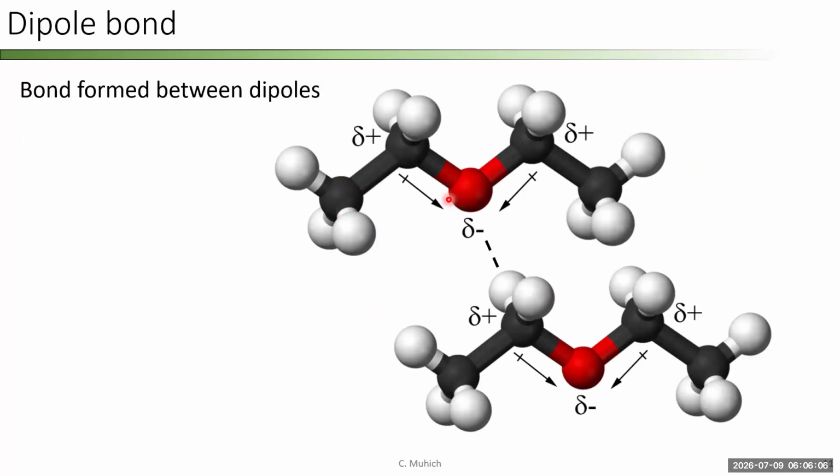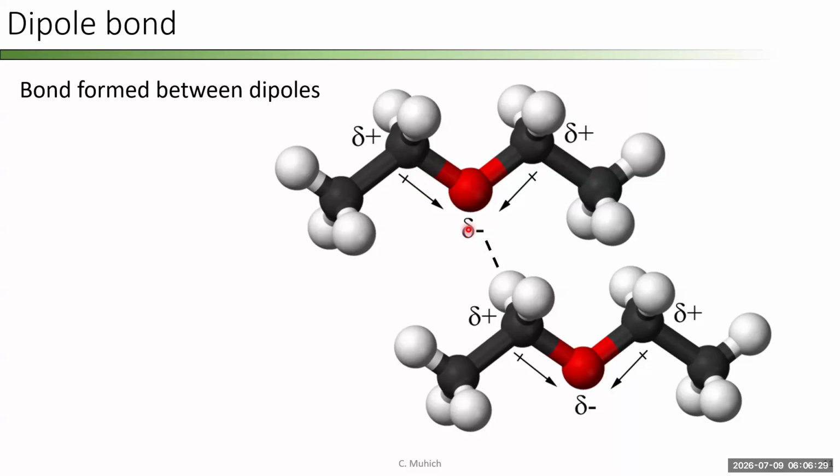Similarly, if we have partially charged species, but there are no protons attached, we still have interactions between the slightly negative and the slightly positive atoms in a molecule. And so we can call this dipole bonds.